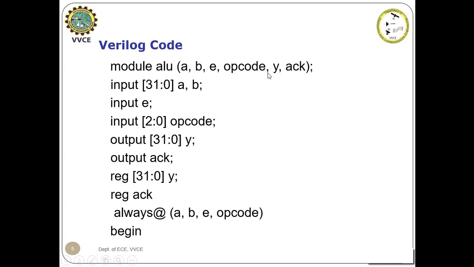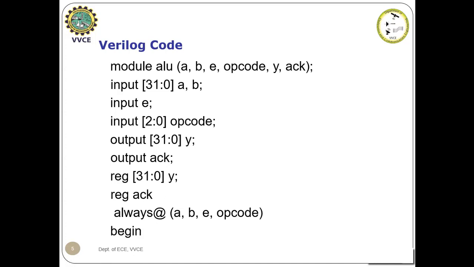Therefore, variable Y I am declaring as an output with a vector of 31 down to 0. As I already specified in the earlier slide, after each successful operation, the acknowledgement signal should go high. Therefore, ACK I am treating as an output signal.